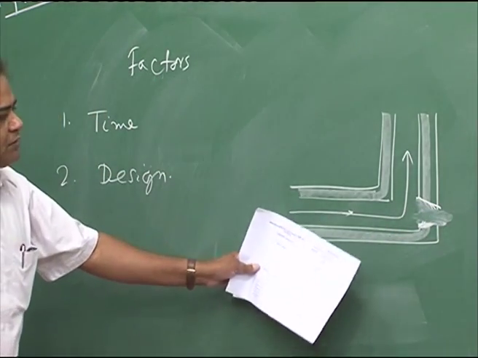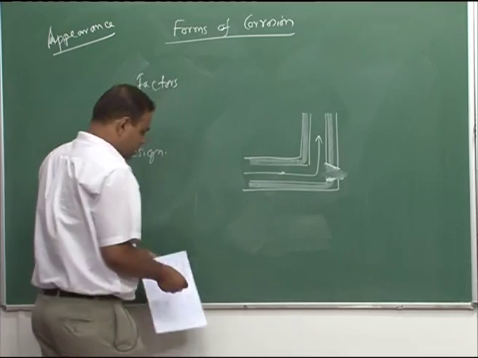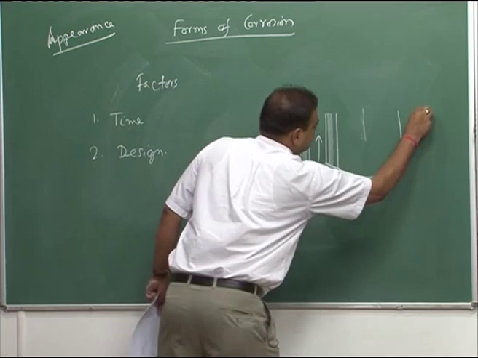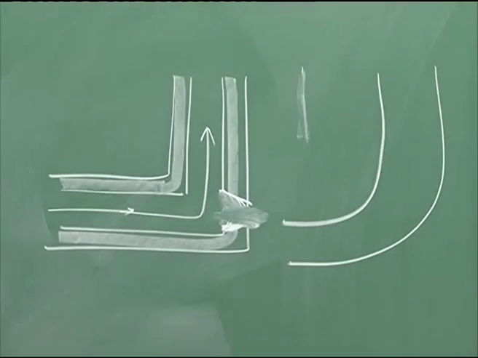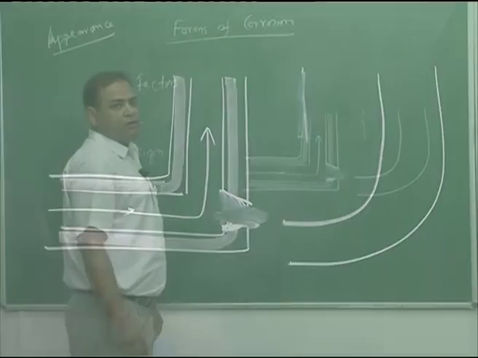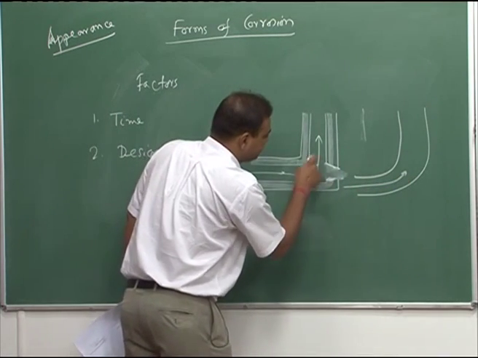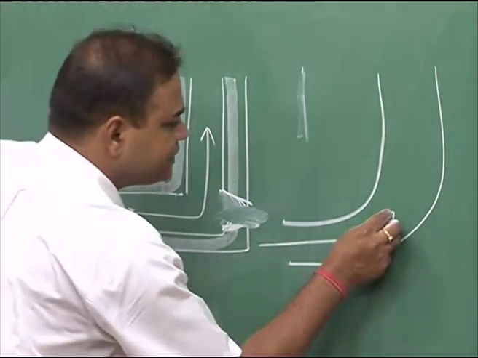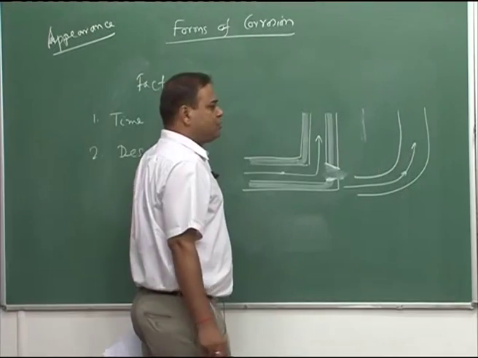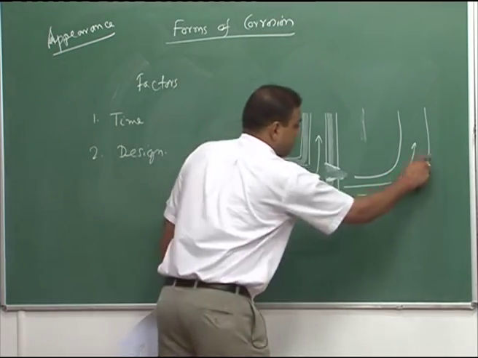Now, this particular situation can be improved, since there is almost a 90-degree turn. This process can be improved if we make the design like this. Instead of making a sharp turn, if we have a smooth bent region, then there is less chance of turbulence in this zone, and the liquid gradually changes its direction. The impingement effect will be there, but its severity would be very low around this zone.